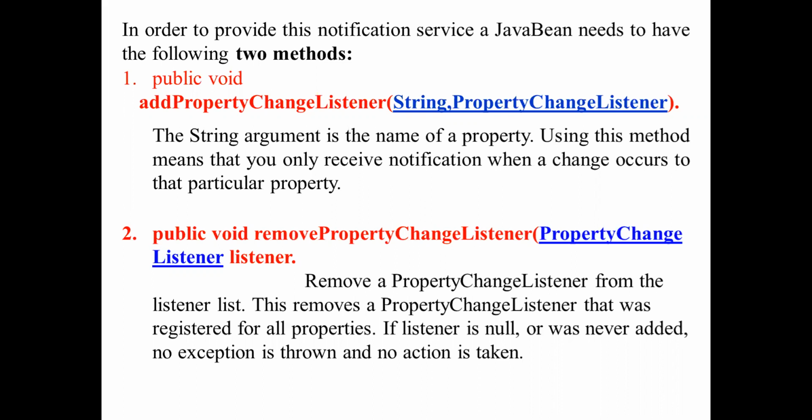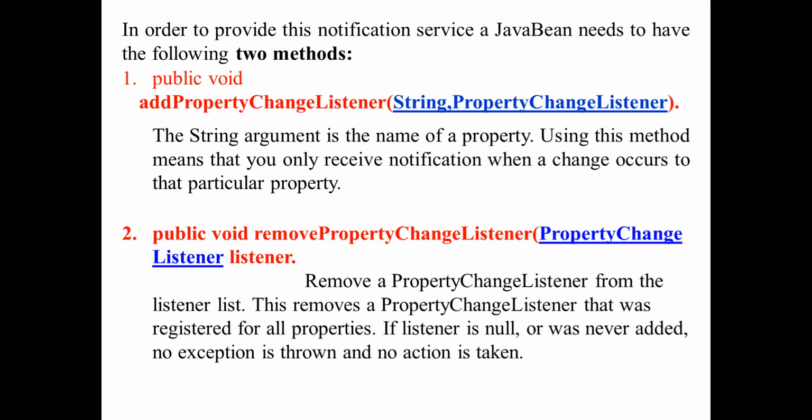Suppose any one particular property is changed, notification will be sent to whatever you send as the string argument. That is by using addPropertyChangeListener. It can receive only the notification.